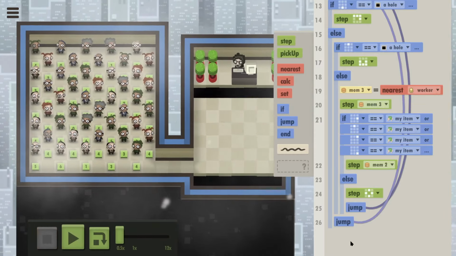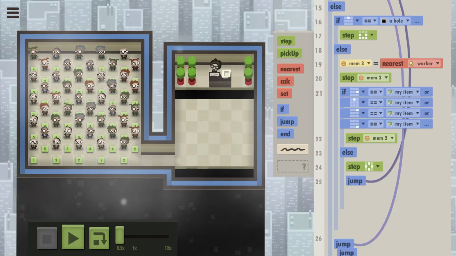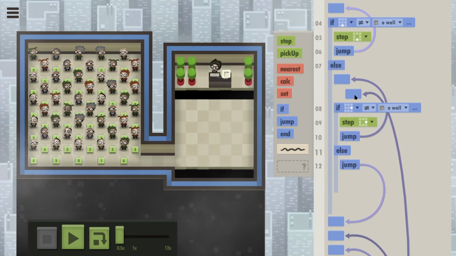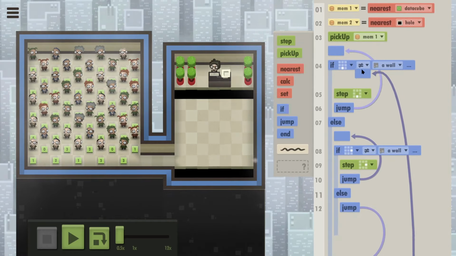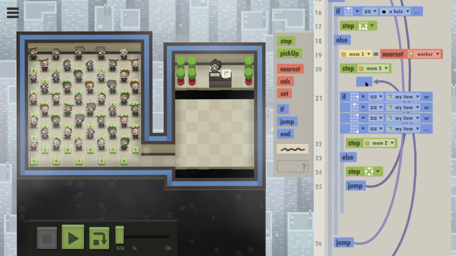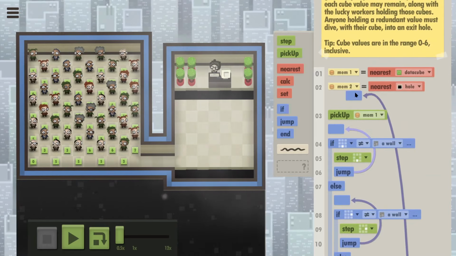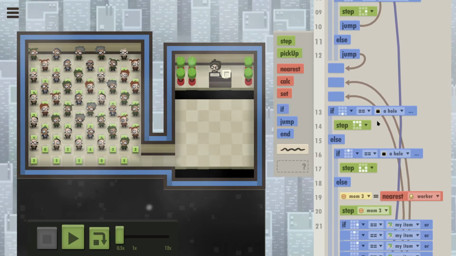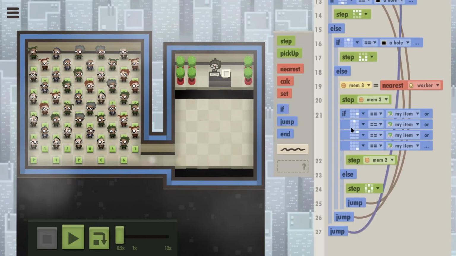Okay, if people are getting to the end, we'll need to jump out from here. Needs to be to the top, I guess. Not quite sure what that jump was for. That would be if it equals a hole.